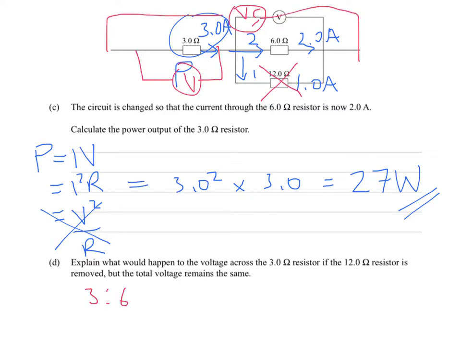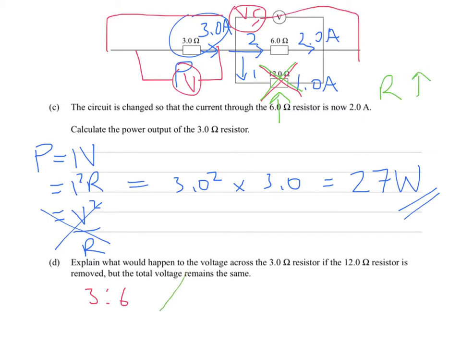But what might be an easier approach is just to look at the current, and I'm just going to change my colour and we'll go through here. In the first situation, we've got a parallel branch in the second part, and that means that the resistance, when you remove that, is going to be higher. So the resistance is going to be higher in that parallel branch.